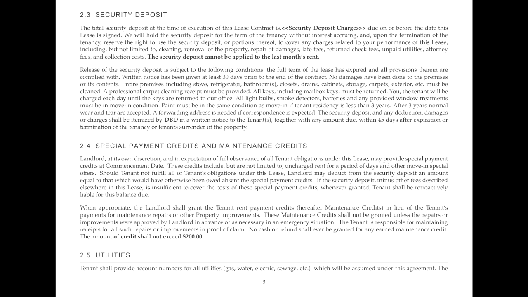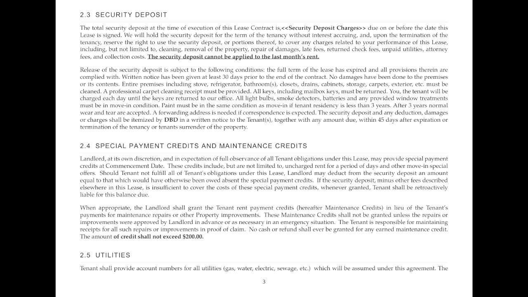2.4, special payments and credits and maintenance credits. Landlord, at his own discretion and in expectation of full observance of the tenant's obligations under this lease, may provide special payment credits at commencement date. These credits include but are not limited to uncharged rent for a period of days and other move-in special offers. When appropriate, the landlord shall grant the tenant payment credits, maintenance credits, in lieu of the tenant's payments for maintenance repairs or other property improvements.